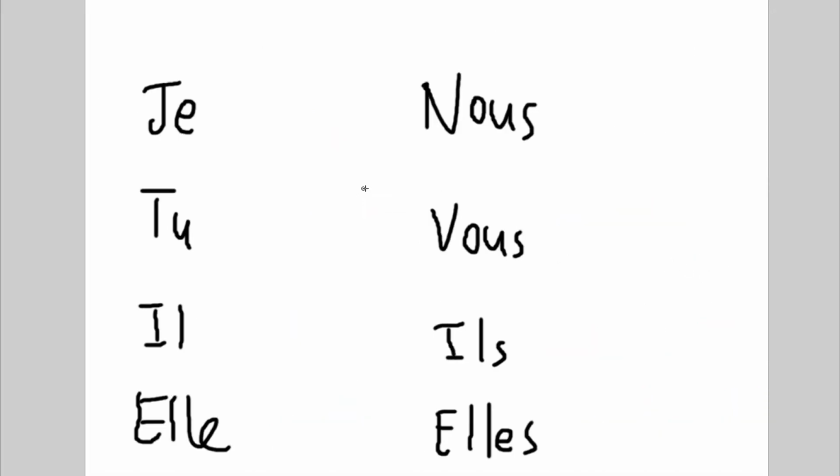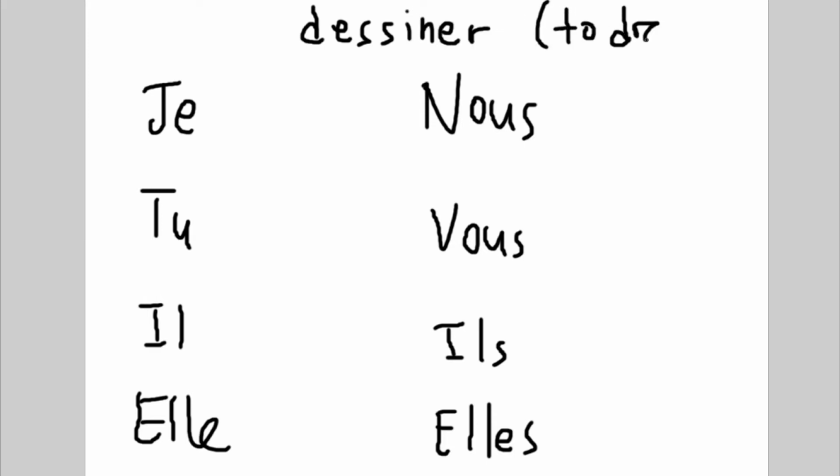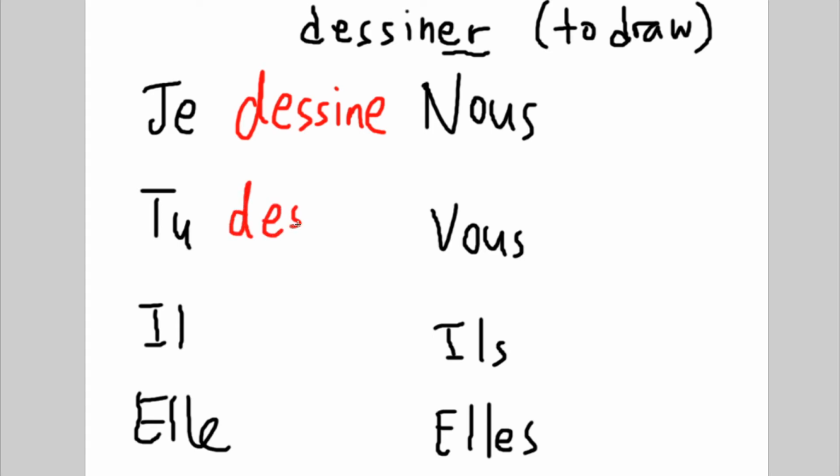So let's pick another example. Let's try dessiner, which means to draw. We have the ER ending, and we conjugate this the same way as parler. So for je, we have je dessine, no R. Tu, as we know, always has the S at the end. Tu dessines.